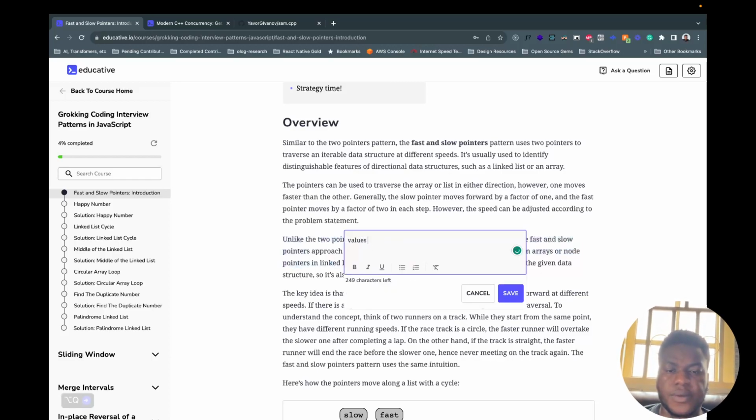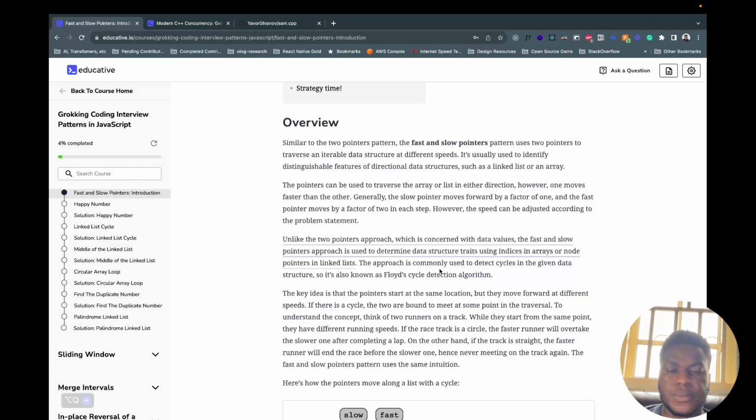So values of individual entries versus characteristics of the whole.